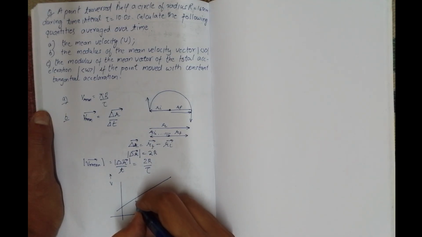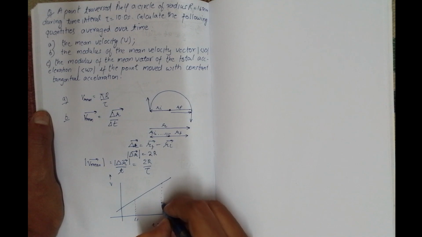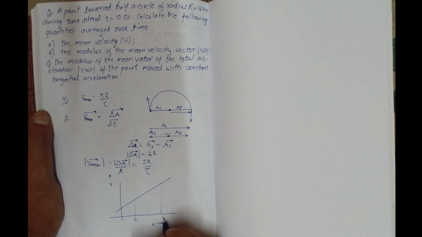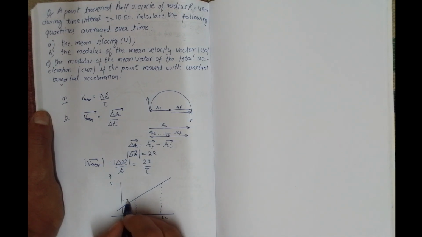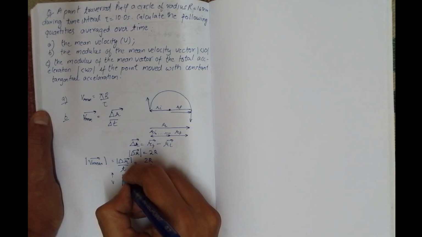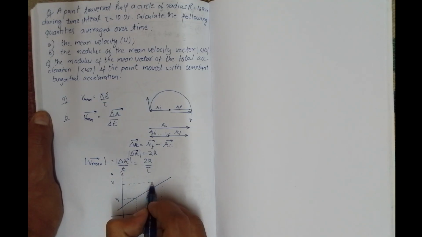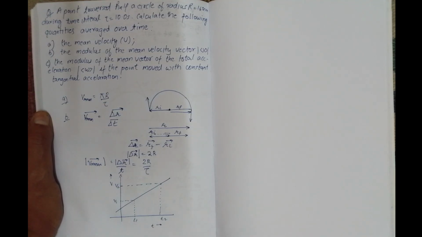Let us suppose we talk about a time interval, say T1, and another time interval T2. Suppose the velocity at T1 is V1, and the velocity at T2 is V2.